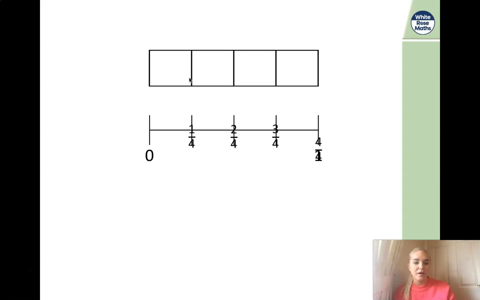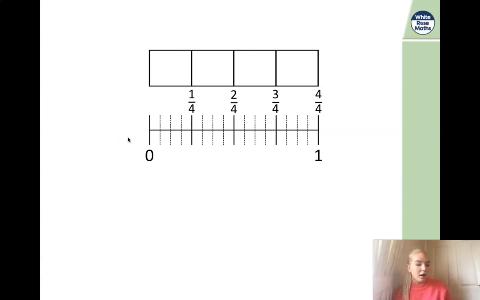So what we could do is we could move our fractions up, and this time I want to split my bar into 16ths. How many sections will I need in each gap between each quarter if I'm splitting my bar into 16ths? That's right, I will need 4 parts between each of my quarters.